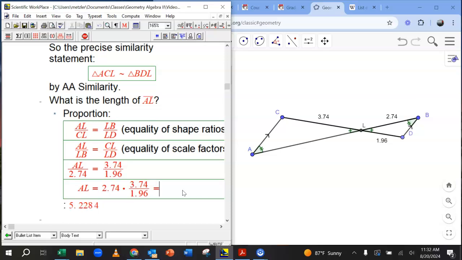And so that turns out to be 5.2, it says 5.23. No point in reporting fictional decimal places. So that's an example of carefully proving the similarity of two triangles and then using the proportionalities that we get to conclude something about one of the lengths of the triangles. And we'll do the other two examples in a second part of the video.